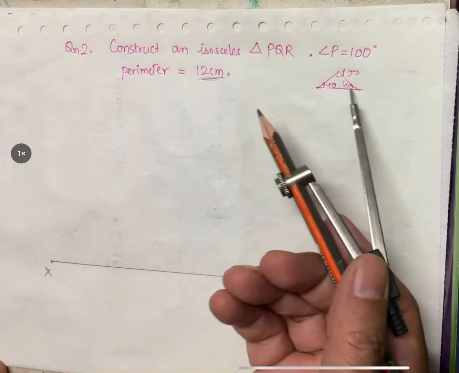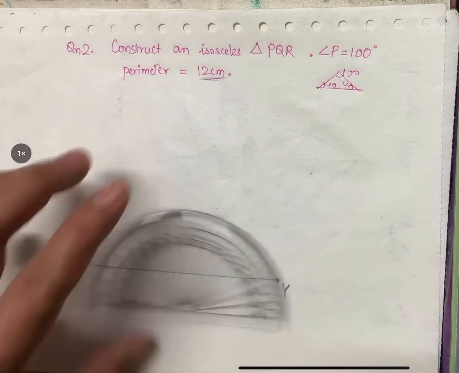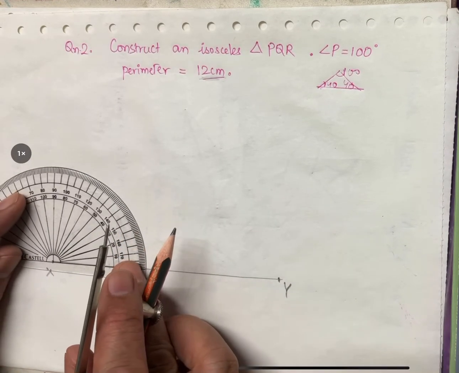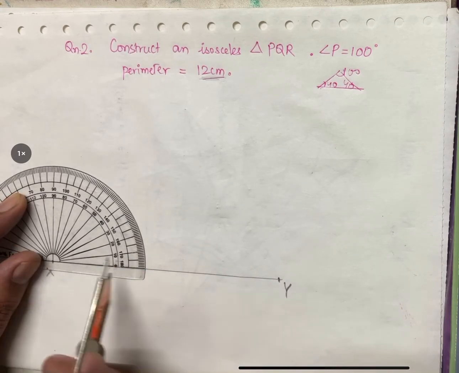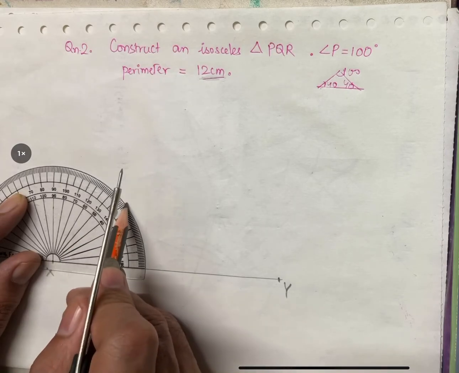The base angles are 40, 40. We cannot make 40 with the help of compasses. So we go to protractor. At this end, make 40 degrees. 0 is on this side. So inner angles are 0, 0 and so on. This is 40.